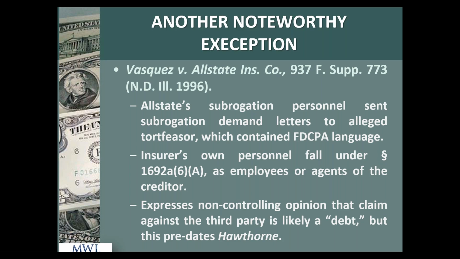An interesting fact, the court did mention that while this claim against the third party is a debt, and it actually came to the contrary conclusion to Hawthorne, it could be a tort or a consumer transaction, but we think it is more arising out of a consumer transaction because they got it right through the subrogation provision of the insurance policy.